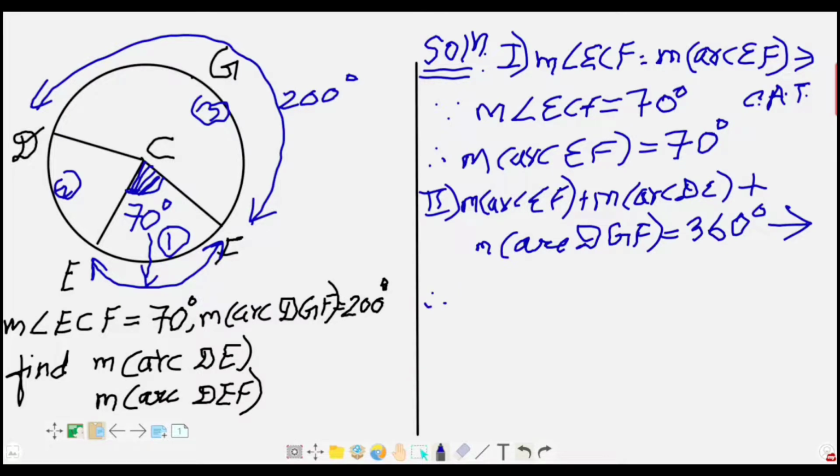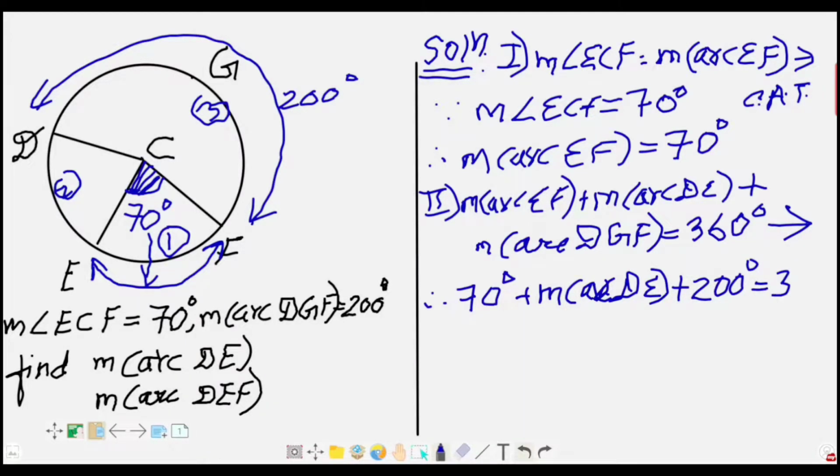Now EF, you know, is 70 degrees. But we don't know the measure of arc DE. But arc DGF is given as 200 degrees.